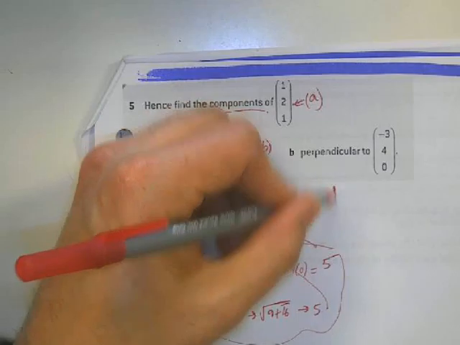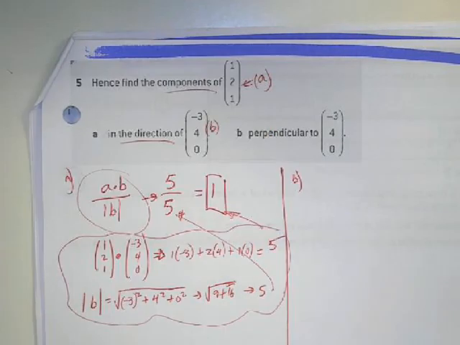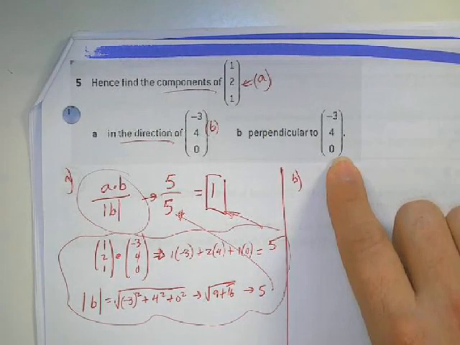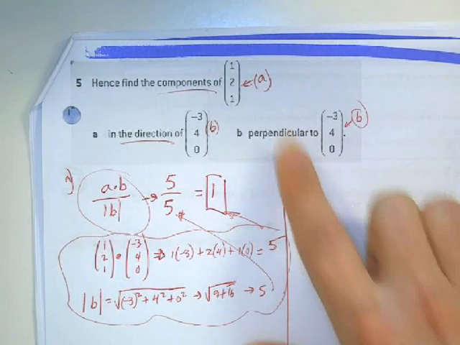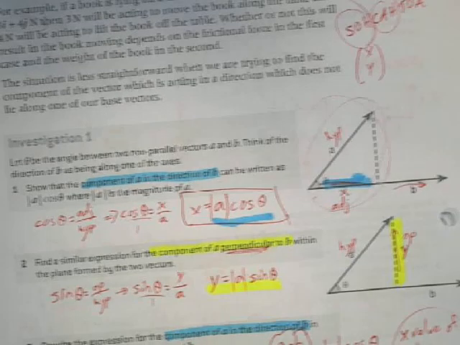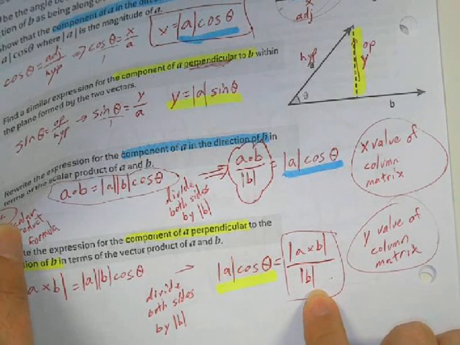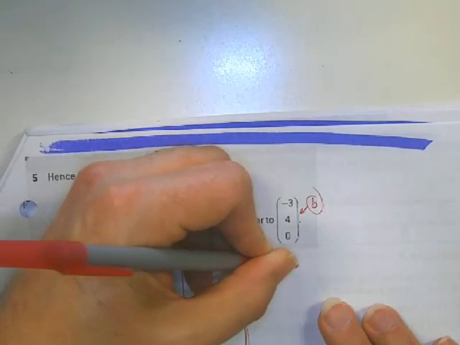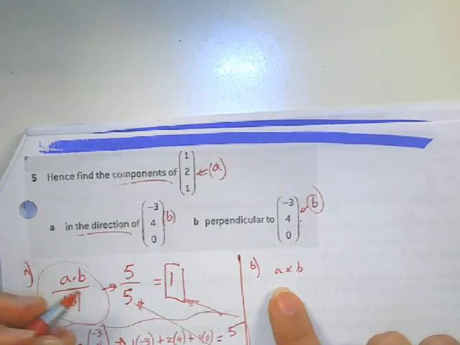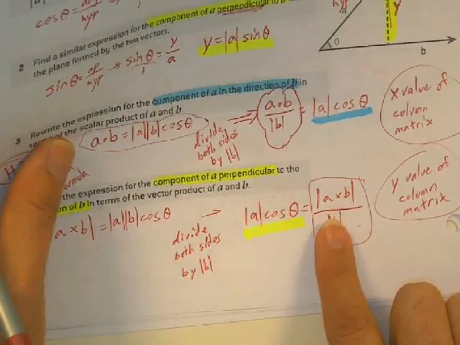Okay? So for question B, perpendicular to this, once again, this is vector B, this is vector A. If we're going to make it perpendicular, we're going to use this relationship, A cross B over the magnitude of B. So first we need to figure out the cross product, and then we have to find the magnitude of that cross product.